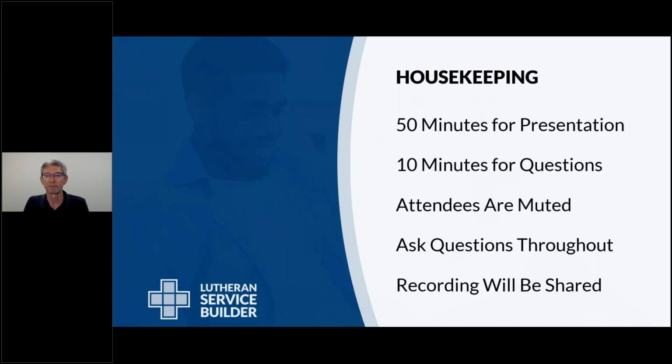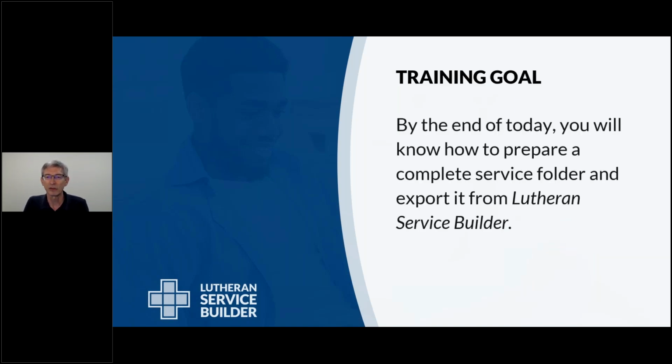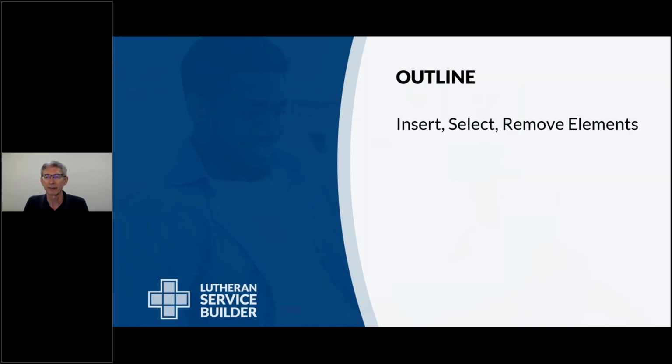Our training goal for today is that by the end of today, you will know how to prepare a complete service folder and export it from Lutheran Service Builder. Some of the topics we'll be covering are inserting, selecting, and removing service elements from our order of service. We'll talk about changing how elements appear in the service folder.